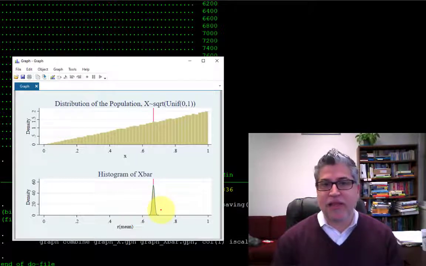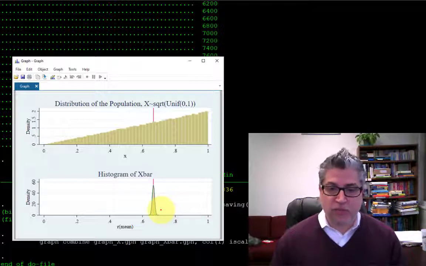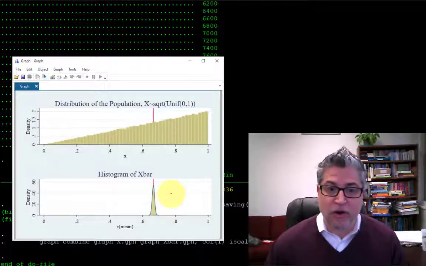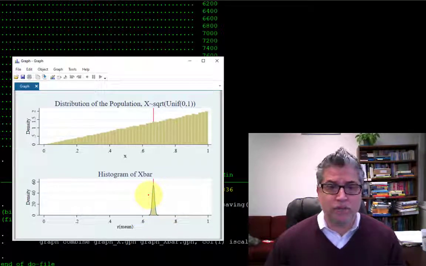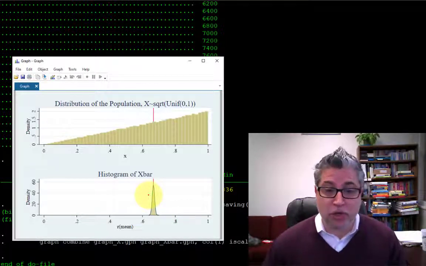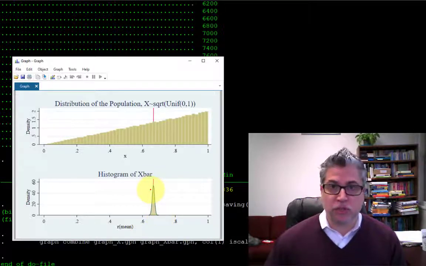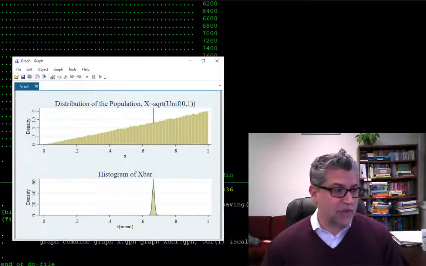And notice how tight that distribution is. That's the standard deviation of this guy, what we call the standard error. It's really small. In fact, it's the square root of 1,000 times smaller. Notice also this particular shape. It's normal. Let's do it again.